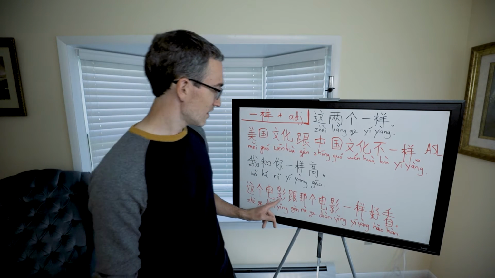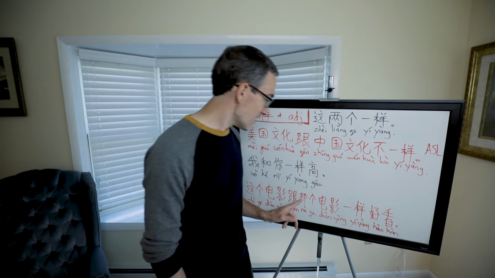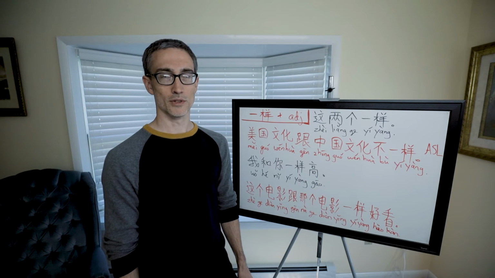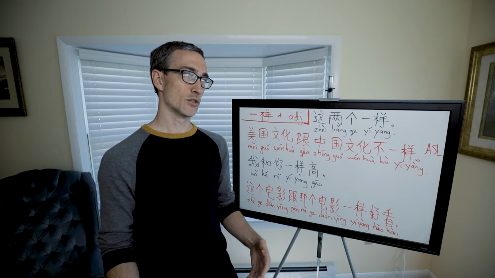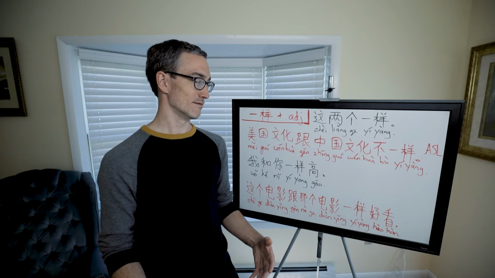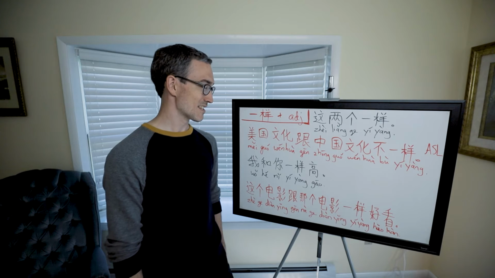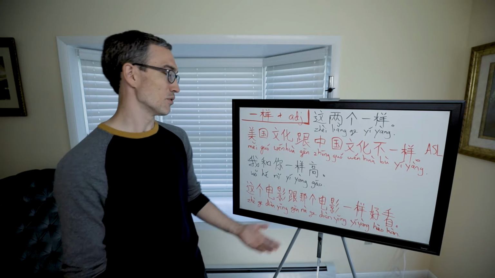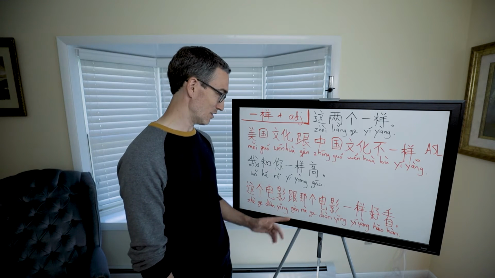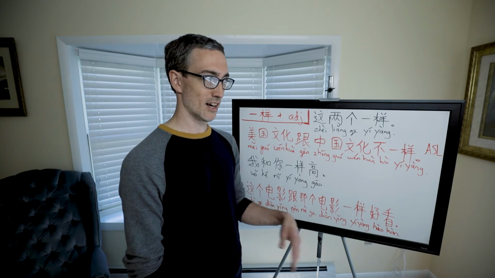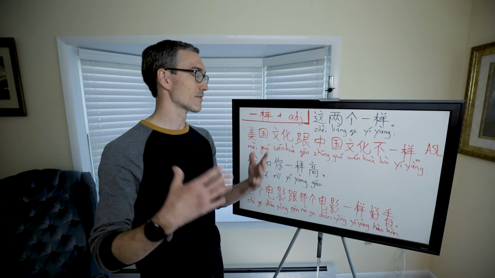这个电影跟那个电影一样好看. 一样好看. What do you think that means? Equally good. Or equally pleasant to see? Sometimes we'll just say equally good, but with what it's like to watch it, not necessarily the quality of it.